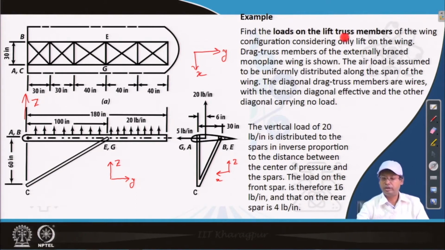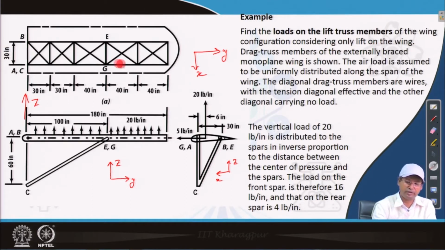Find the loads on the lift truss members of the wing configuration, considering only lift on the wing. This truss system is the drag truss system. The drag truss members of the externally braced monoplane wing are shown. These are the external brace members, which we are supposed to find out. The air load is assumed to be uniformly distributed along the span of the wing.